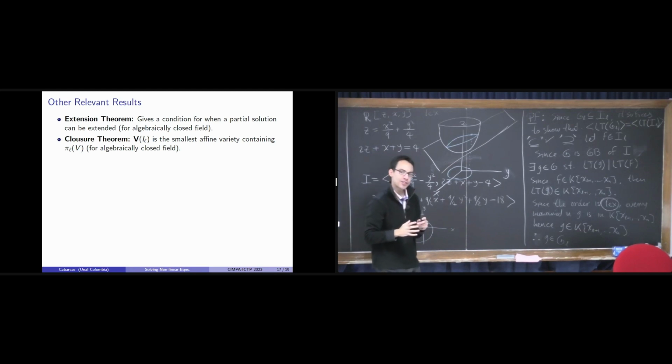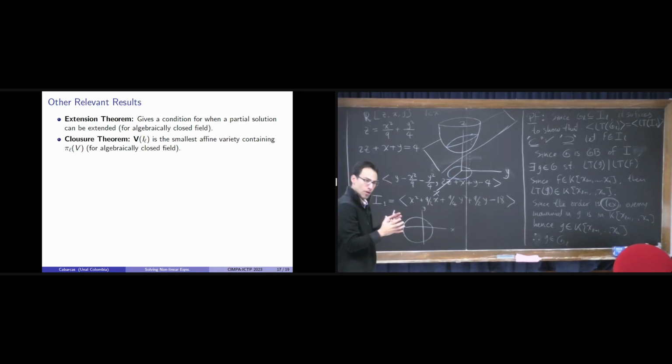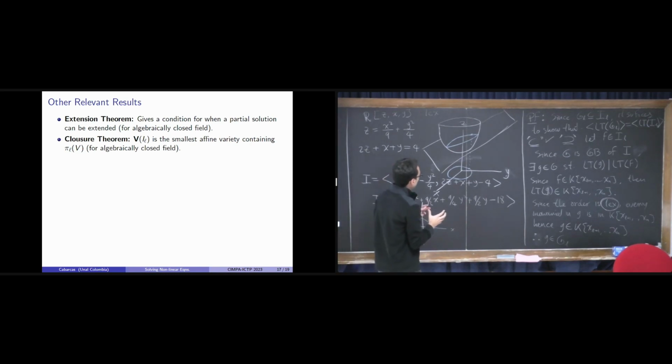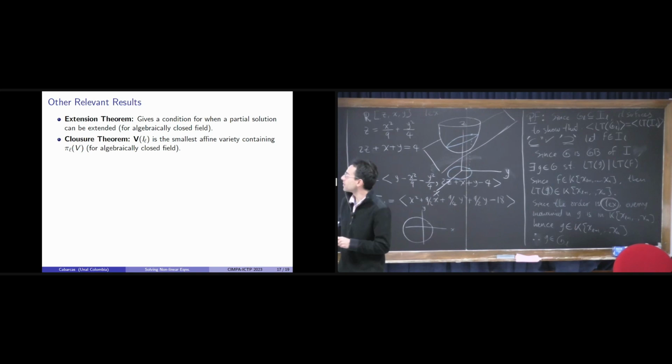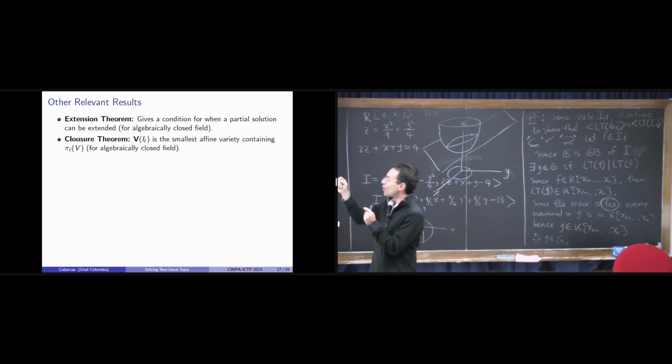The projection may be smaller, but what we know is that the variety of the elimination ideal is the smallest affine variety containing the projection.